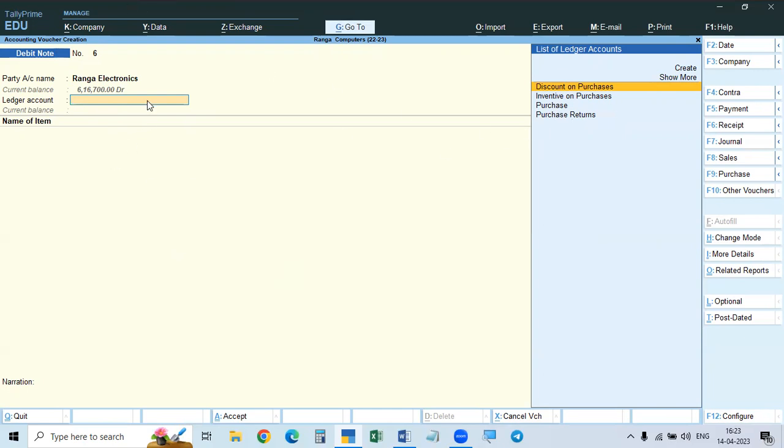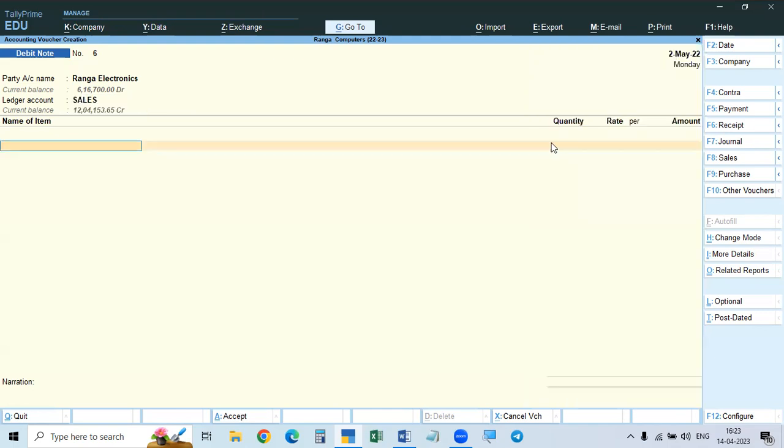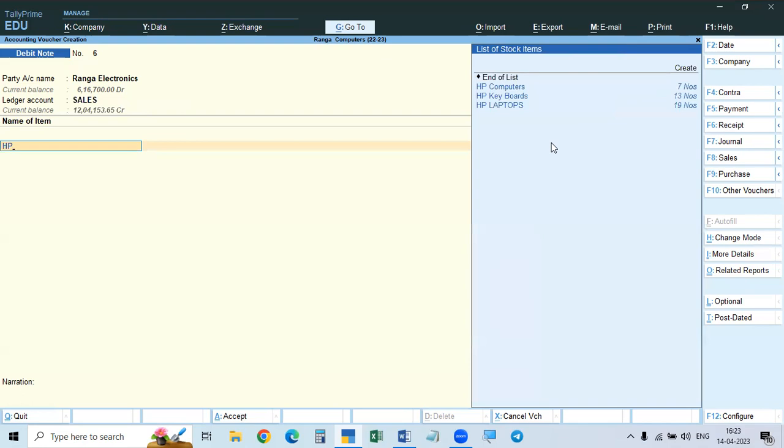But here, the other way, we have to increase the party account, so we are issuing a debit note. That means we have to increase the sale value. So sales is not available here. In that case, just type the first letter of sale. If you type S, it will show the sales account. So we take the sales account, and what is that? Material.